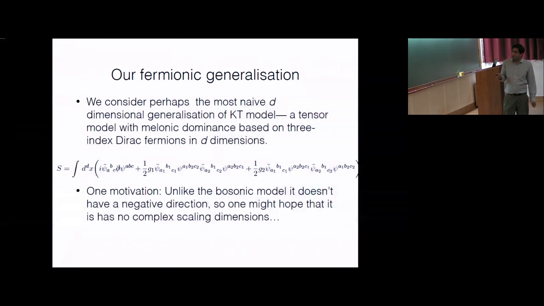So this is what we study the most: just take the fermionic model and generalize it to d dimensions. In higher than 1 dimension, there are two different couplings you can write down from the gamma matrix algebra. So it's a bit more complicated, and we can ask whether you will get complex scaling dimensions in higher dimensions here or not.